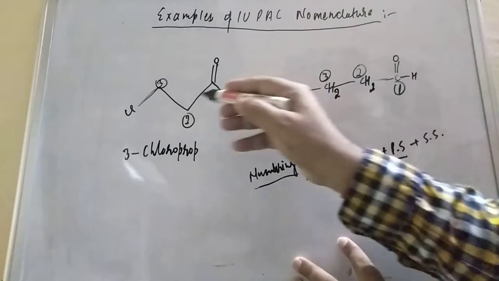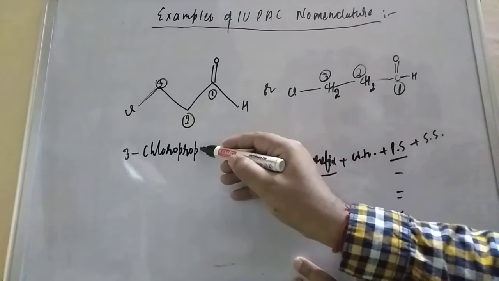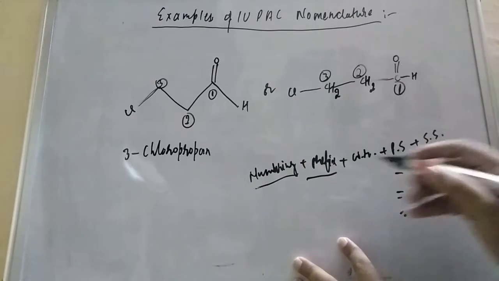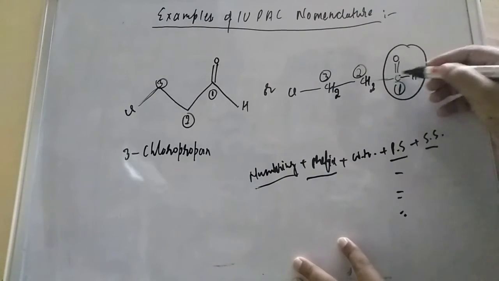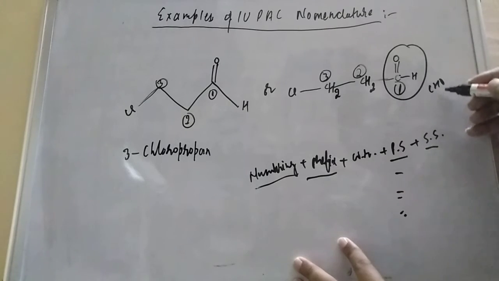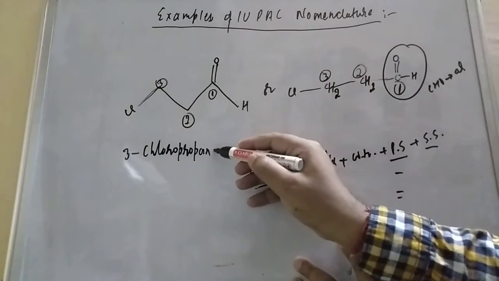Now student, you see the primary suffix means what kind of bond is there. You see between carbon and carbon a single bond is there. So that is propane. And on the second, the secondary suffix, the CHO group is there, and for the CHO group we write al. So propanal.